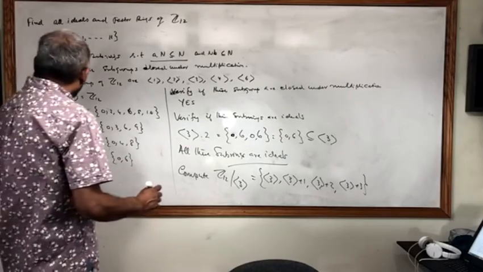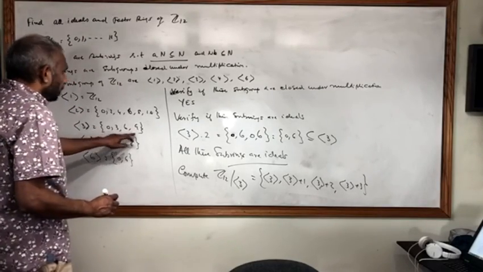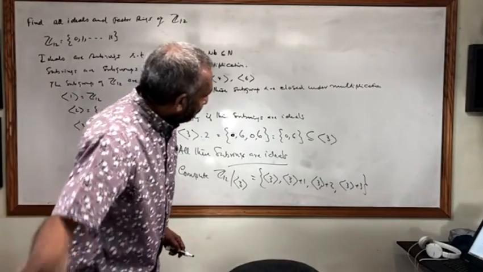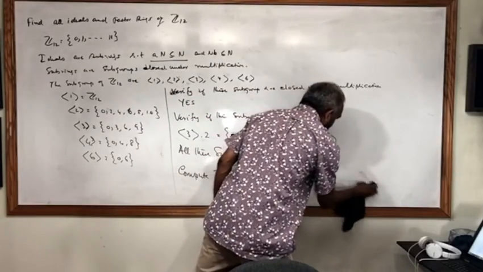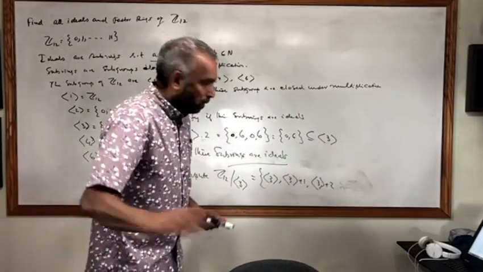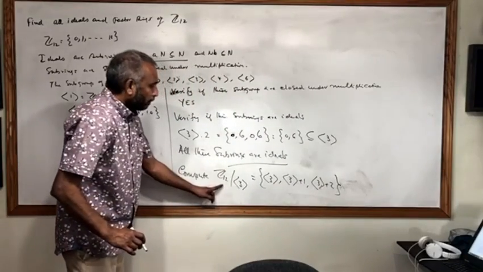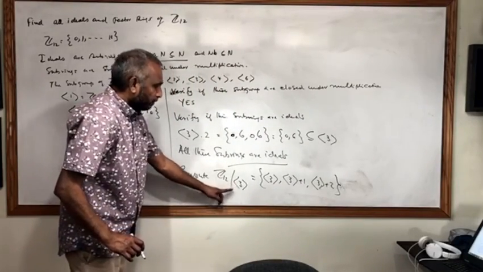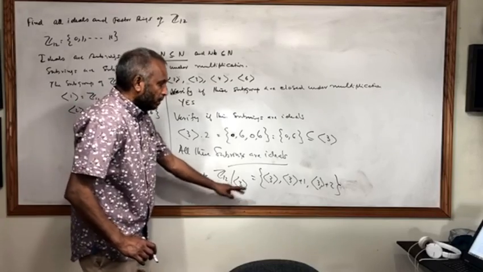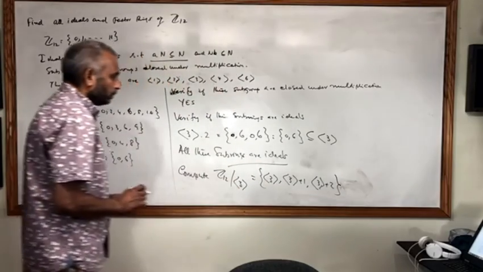This is only up to this. These are the only possible values. So this is the factor ring. Actually this is a factor group and factor ring, both are the same, the elements are the same.